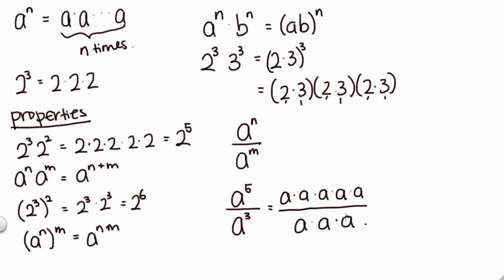But whenever you have the same number top and bottom, a divided by a is just 1, so we can cancel out 3 copies, and we're left with 2 copies on top. So what we're actually doing is subtracting the exponents, and that's the result of this division.